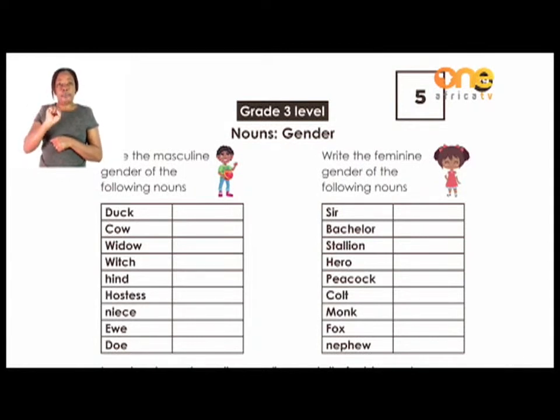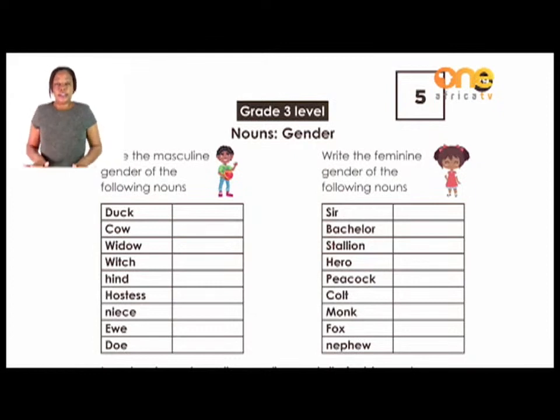Sometimes we don't want to use the word male or female, but there are some other special words that we can use for male and female. We refer to male, which is the man side, the boy side, as masculine. And we refer to the girl side, the women side, the female side, as feminine.